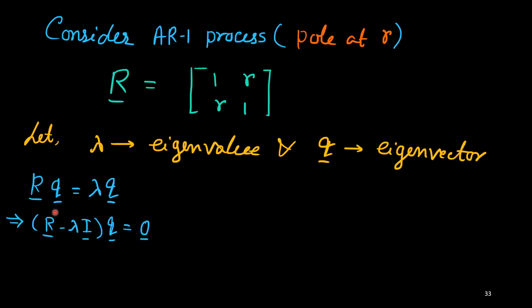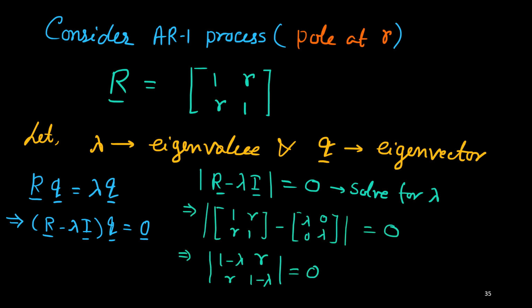Then we can take this one, R minus lambda I, times q, will be equal to the null vector. And to find these eigenvalues, we will put the determinant of R minus lambda I equal to 0, and then we will solve for lambda.